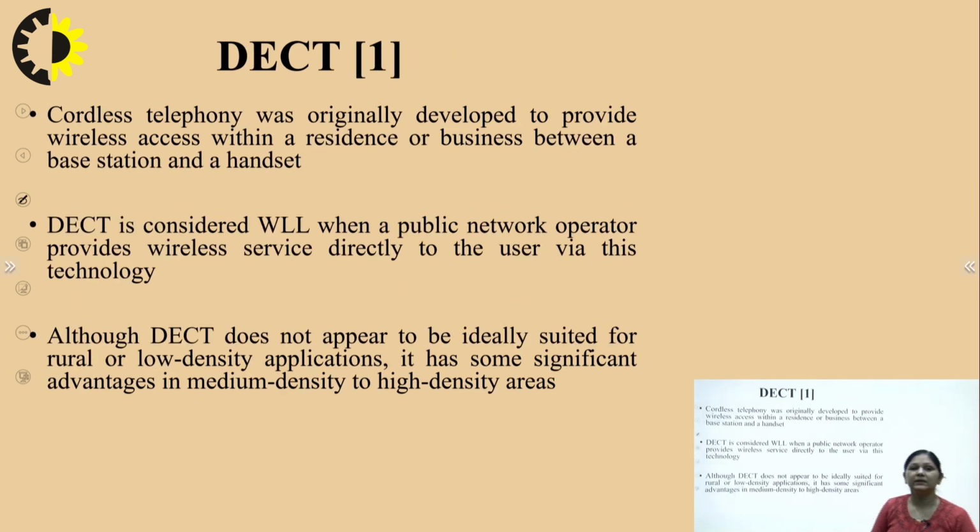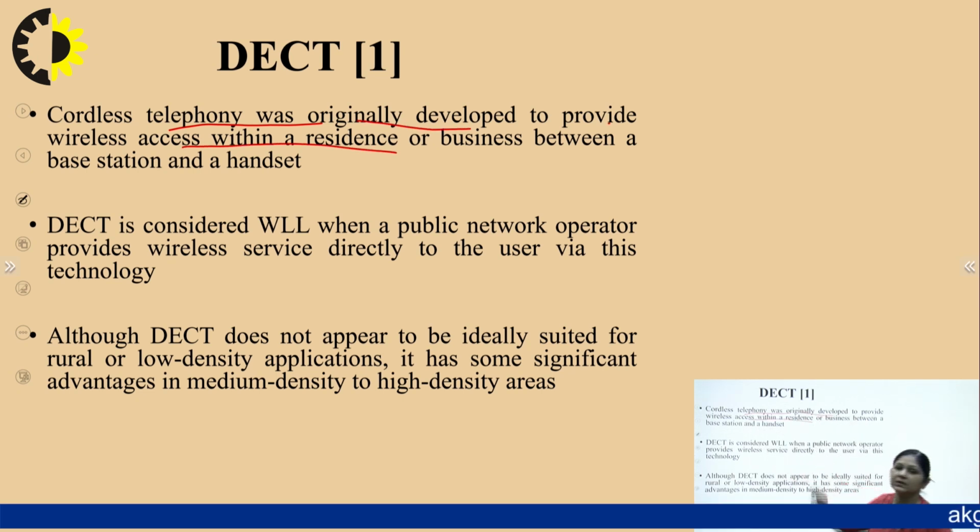Now the DECT term is very important, that is being used in the cordless phones that we use. There is a handset and a base station where our cordless phone gets charged. So this technology also forms the wireless local loop, and DECT stands for digitally enhanced cordless telephony, originally developed to provide wireless access within a residence.